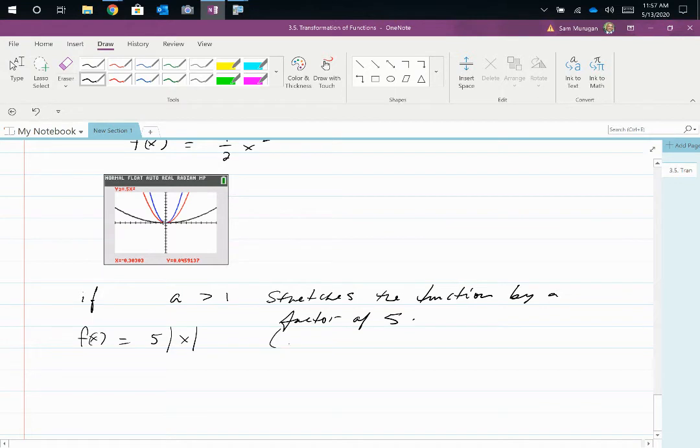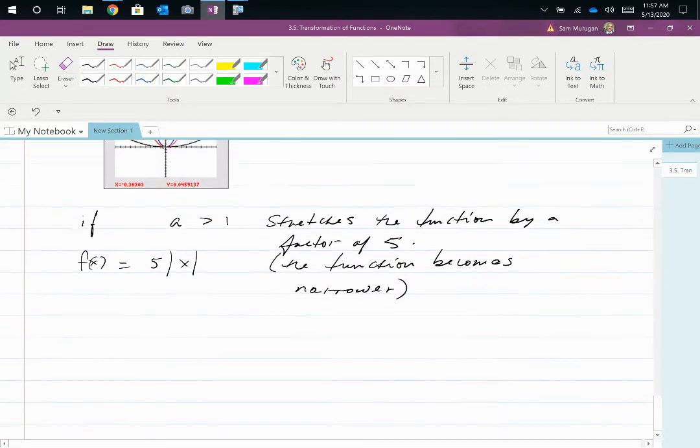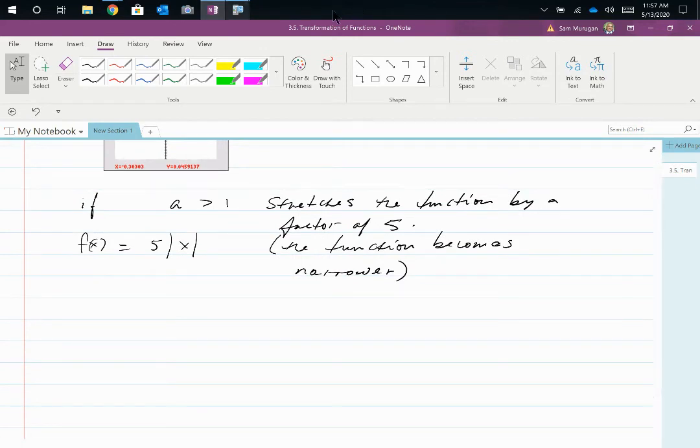In other words, the function becomes narrower. Okay, so let's look at examples of this.